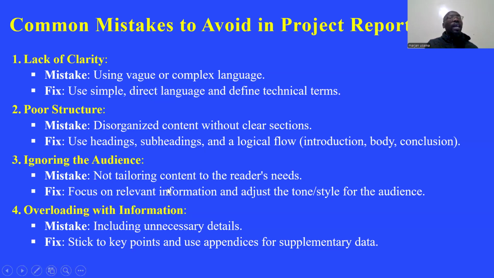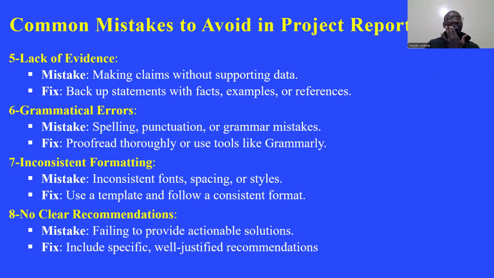Ignoring the audience, sometimes you don't mind about your audience. So always ensure that you focus on your audience and you give them the relevant information. Overloading with information. Many students normally make a mistake when they're writing their projects. They include a lot of unnecessary detail. So only ensure that you have necessary information in your research.